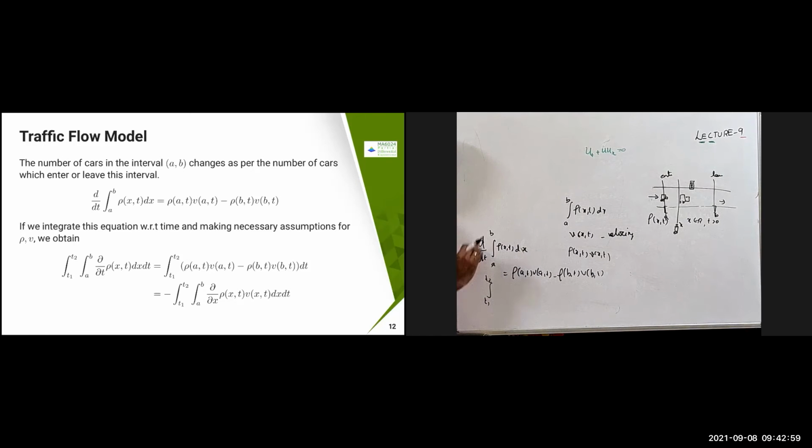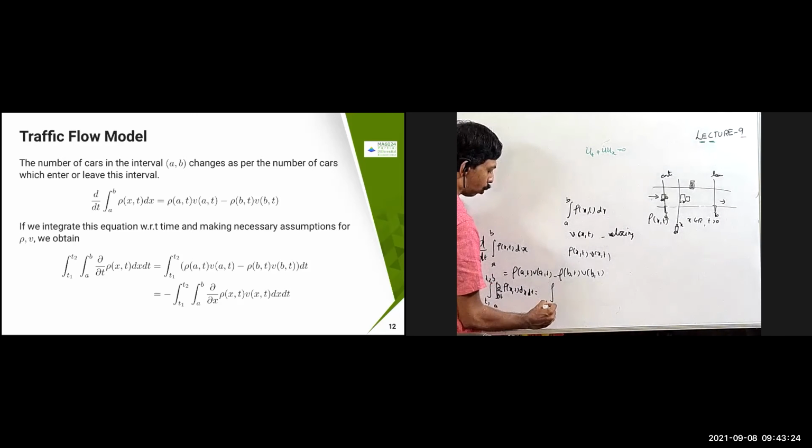For example, between 5 minutes and 10 minutes, I'm just checking what is going to happen. I take this integration, which becomes d/dt, using the Leibniz rule, of the integral from a to b of rho(x, t) dx, integrated over t from t1 to t2.